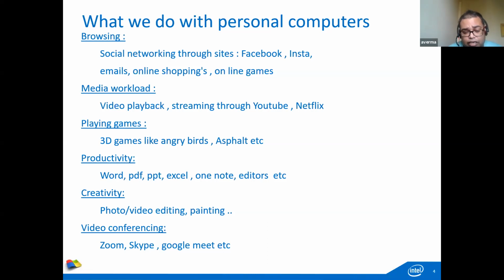And we know that applications are slowly moving to the clouds, so some of these applications are accessed through browsers. Although I have not mentioned it here, that's one of the areas which is developing pretty fast.